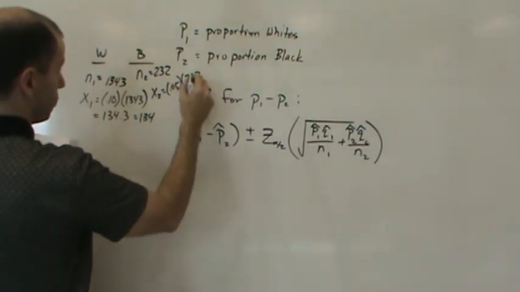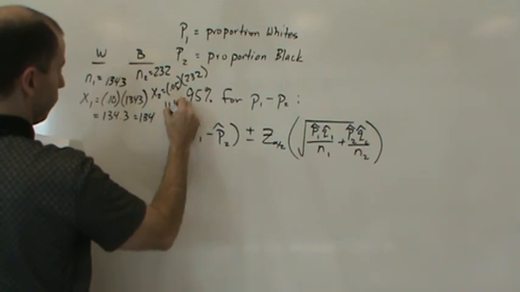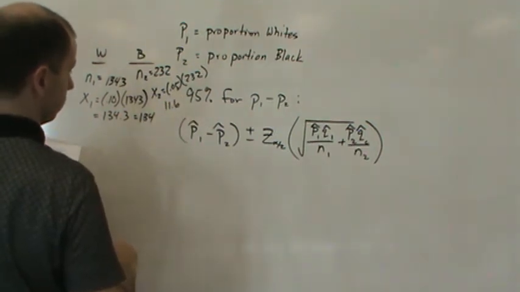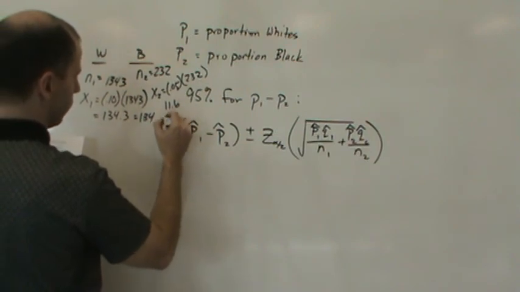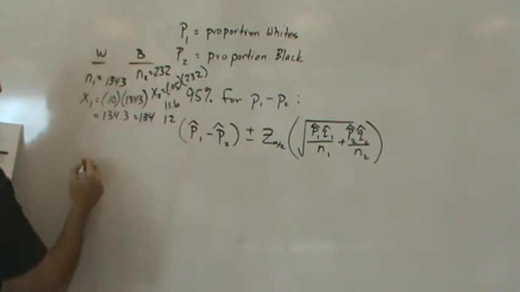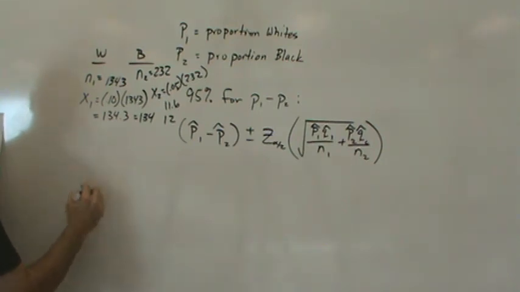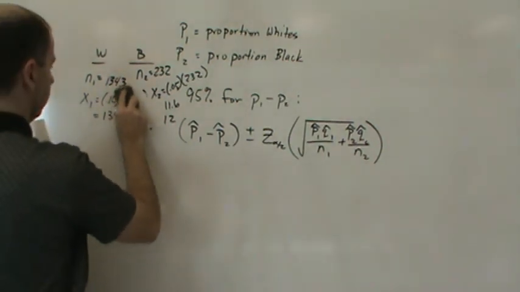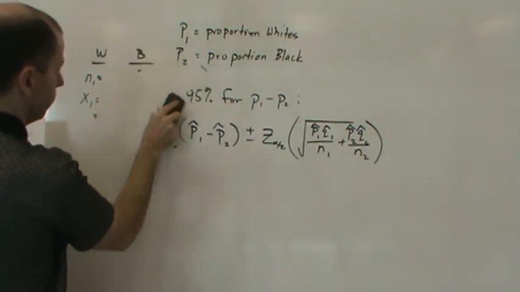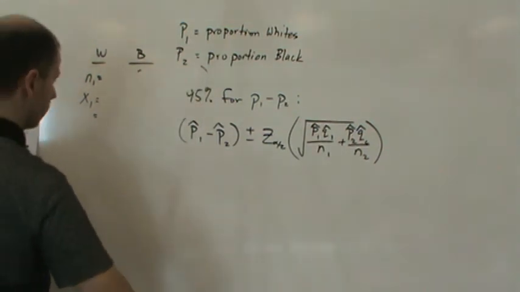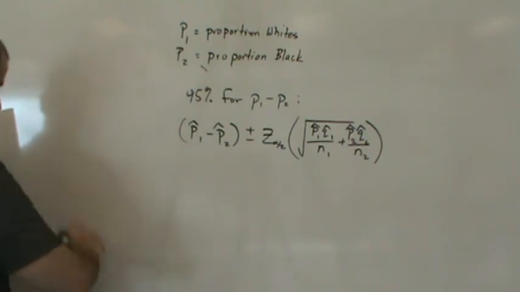So X2 is going to equal 11.6, and again, we're going to round up to 12. So in other words, what we have is this.